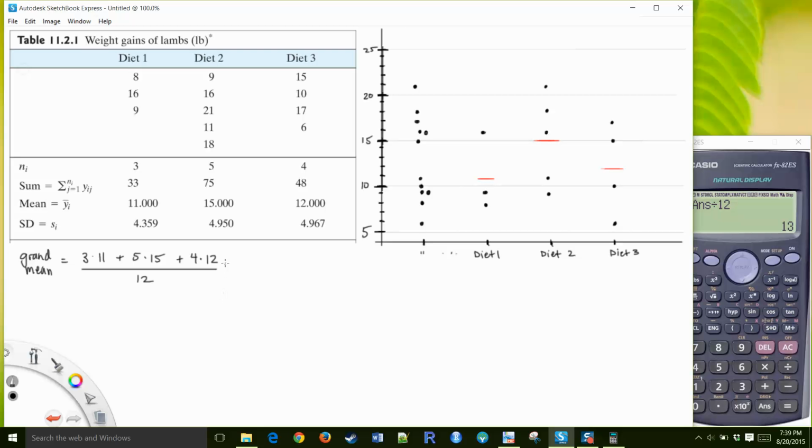Okay, so here are our sample means: 11, 15, and 12. Is this an indication that the respective populations of diet 1, diet 2, and diet 3 are different from one another? That's what we want to know.